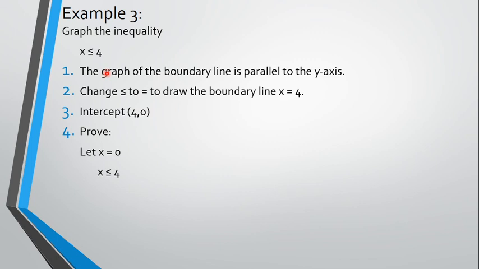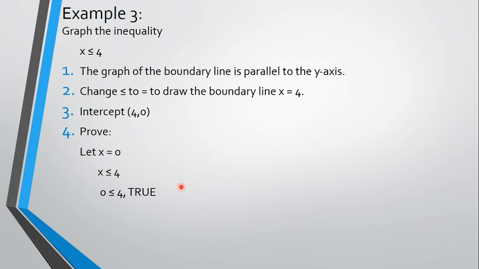Now to prove that, let x be 0. x is less than or equal to 4, 0 is less than or equal to 4, that is true, right? So this only means that our plane will pass through our origin.